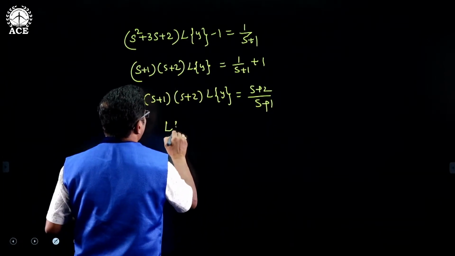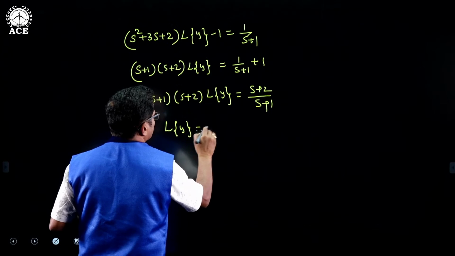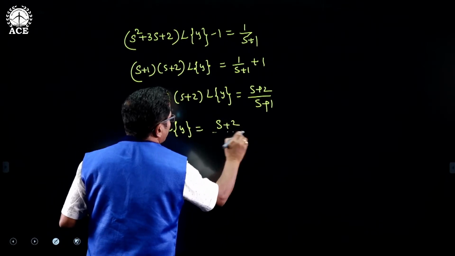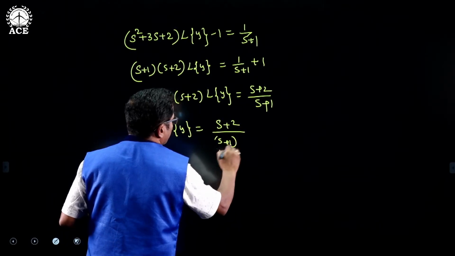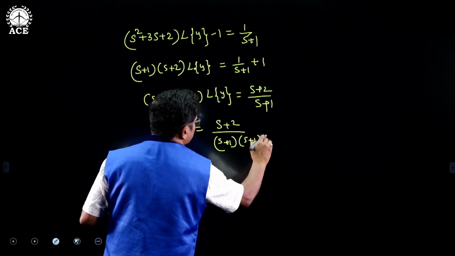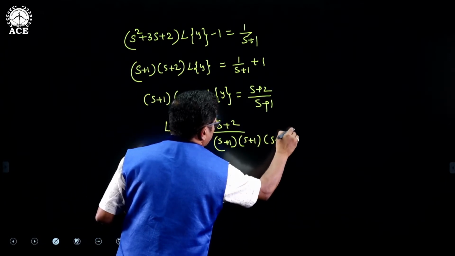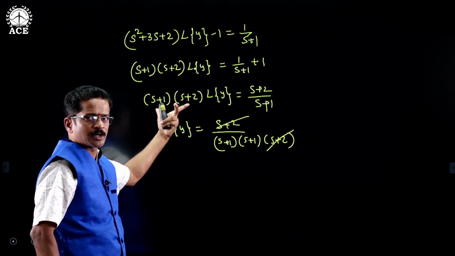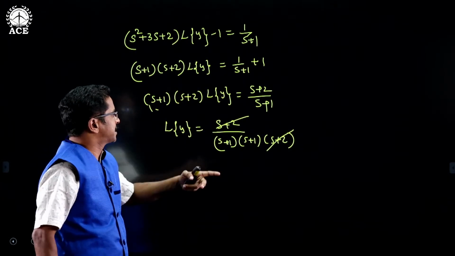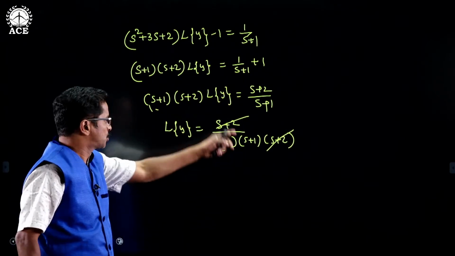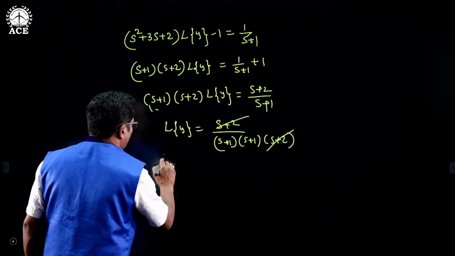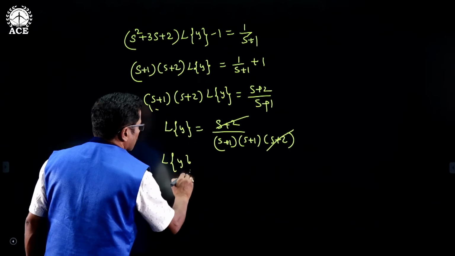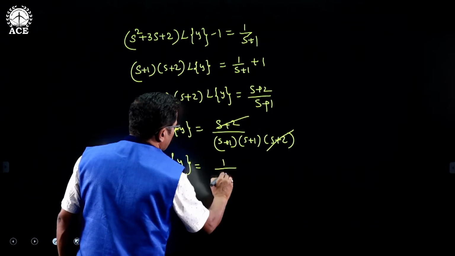So then L of y is equals to s plus 2 by s plus 1 into s plus 1 into s plus 2. So s plus 2 gets cancelled, because multiplication on the left-hand side goes to the denominator when brought to that side. So L of y equals 1 by s plus 1 whole square.